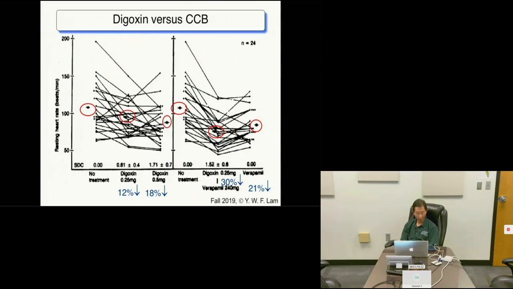And if we look at just verapamil monotherapy, you can see that the effect is about 21% reduction in the ventricular response rate, much more than the higher dose of digoxin by itself.